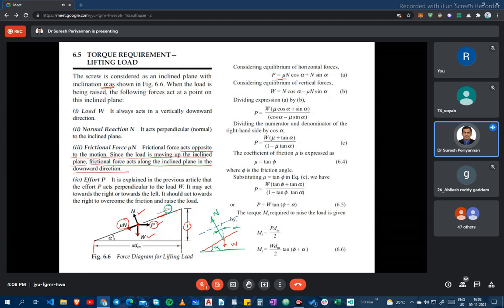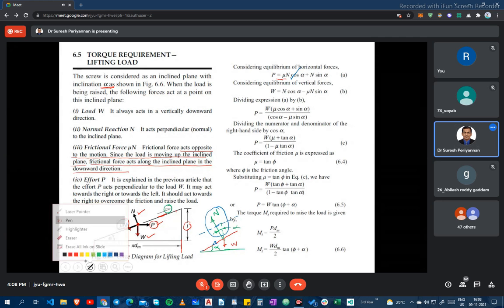Now I would like to find the horizontal forces. One horizontal force is mu N cos alpha. Another horizontal force, from this right triangle, is N sin alpha.